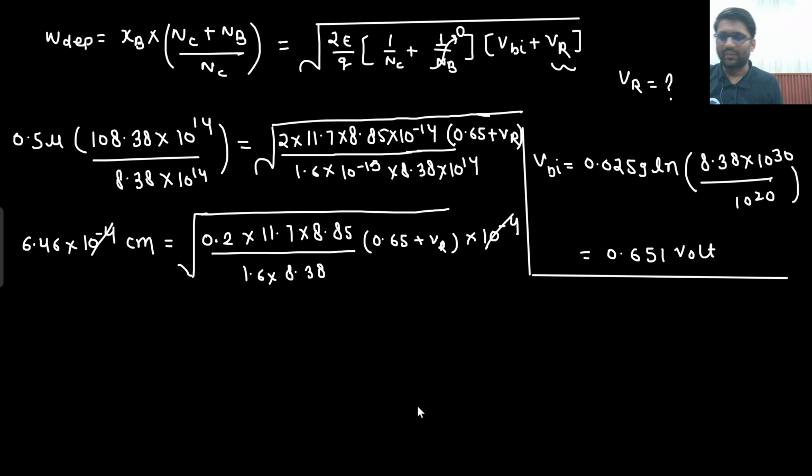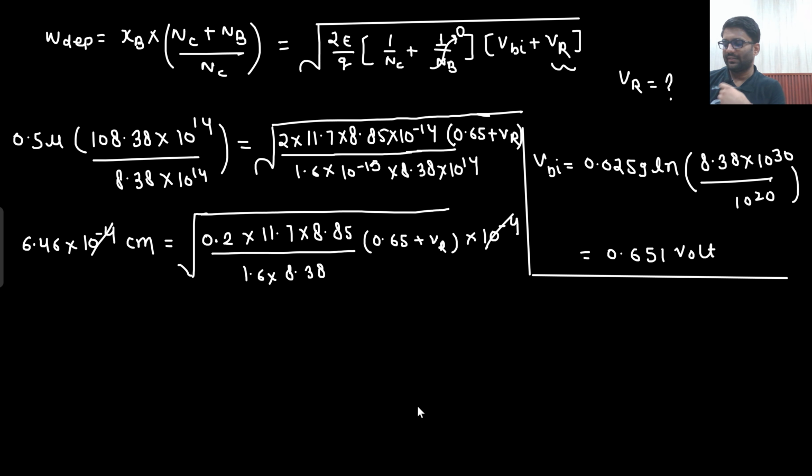Okay, so whatever the answer I am getting, then I can do the square of it. Then 1.6 into 8.38 divided by 0.2 divided by 11.7 divided by 8.85 minus 0.65.